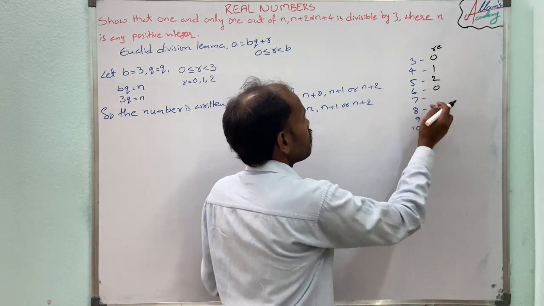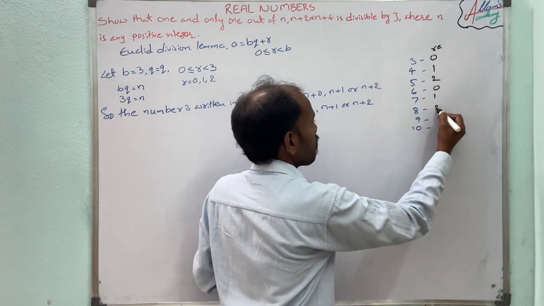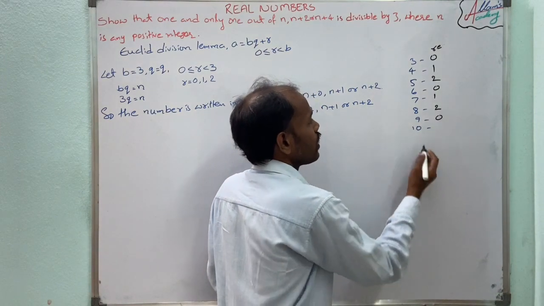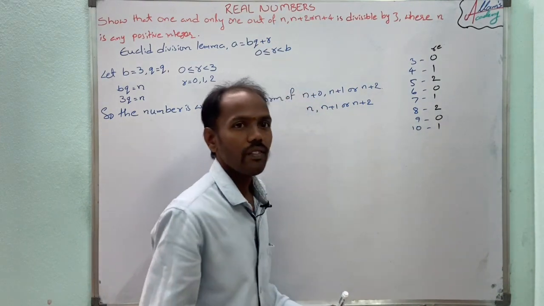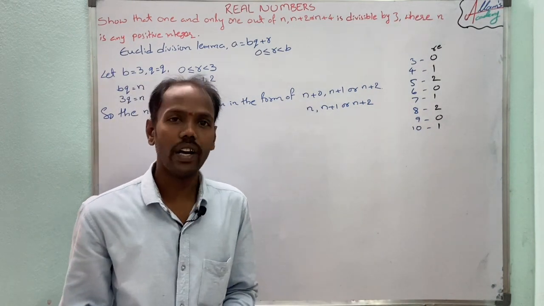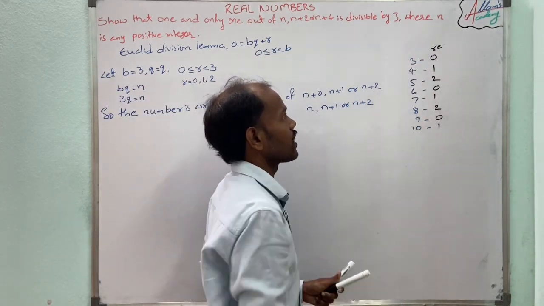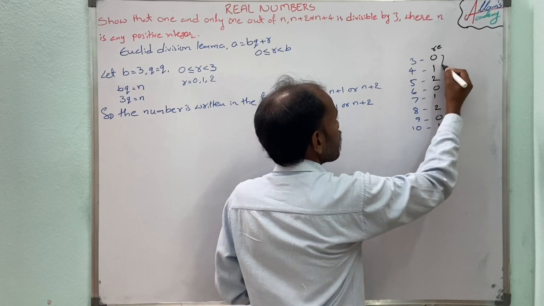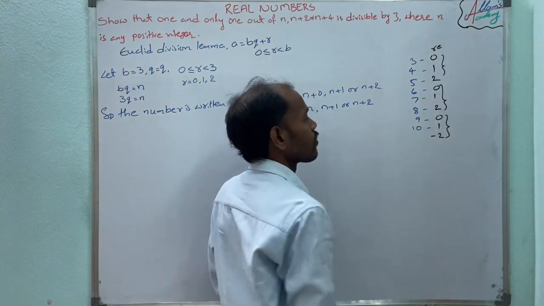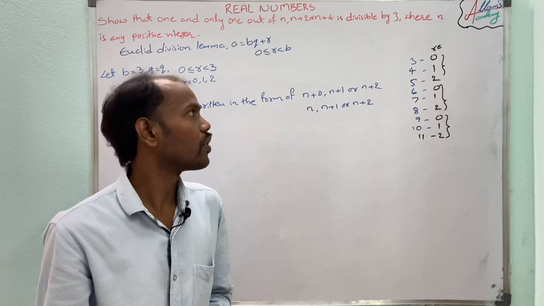If 7, remainder 1. 8 divided, remainder 2. 9 divided, remainder 0. 10 divided, remainder 1. So in this process, if we observe, when a number is divided by 3, we get only the remainders 0, 1, 2.